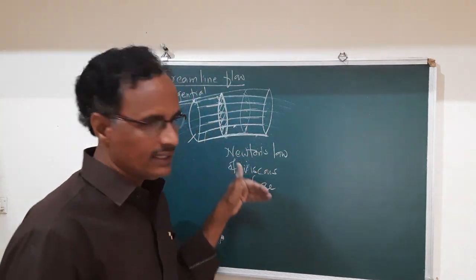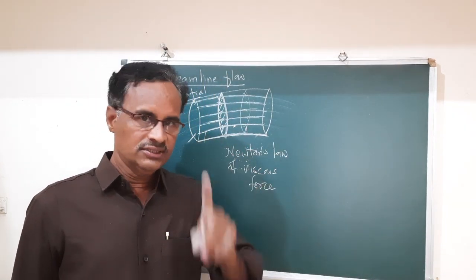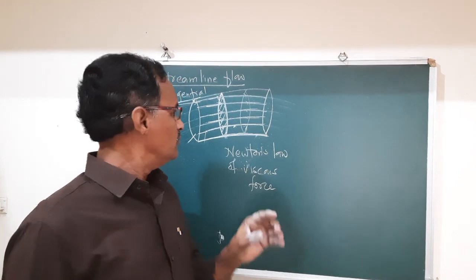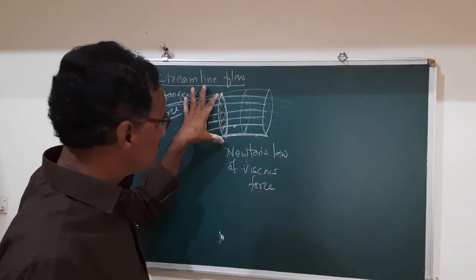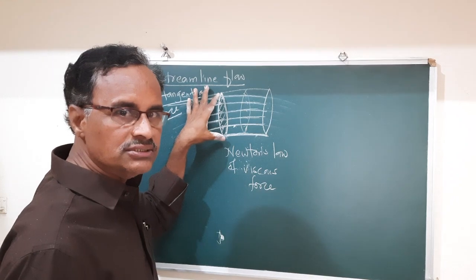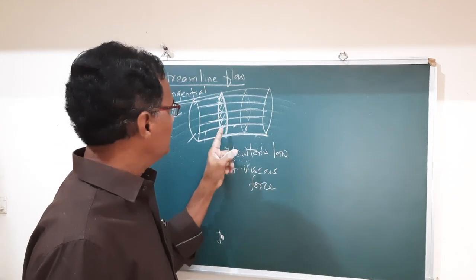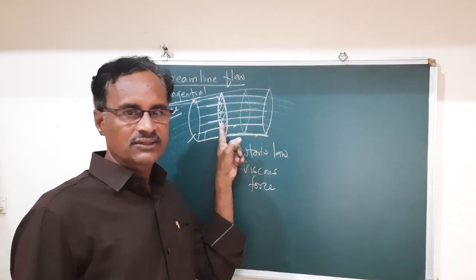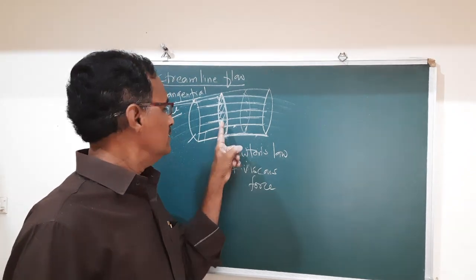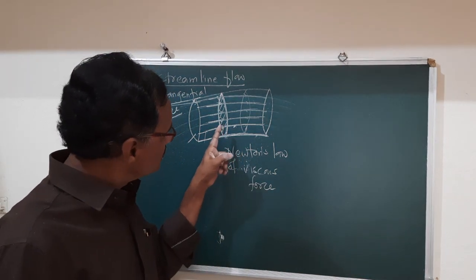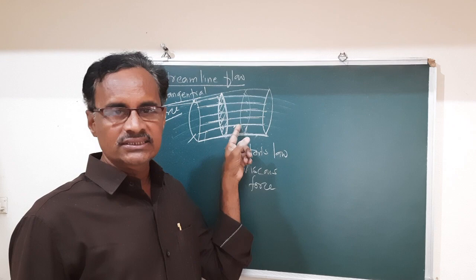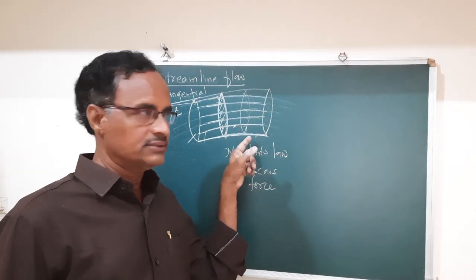Now these are the main characteristics of the streamline flow. First main characteristic is what? The velocity of the particles of a given cross-section at a time is always constant in a given area of cross-section. Second characteristic is that velocity is not constant other than this cross-section, it will be different.